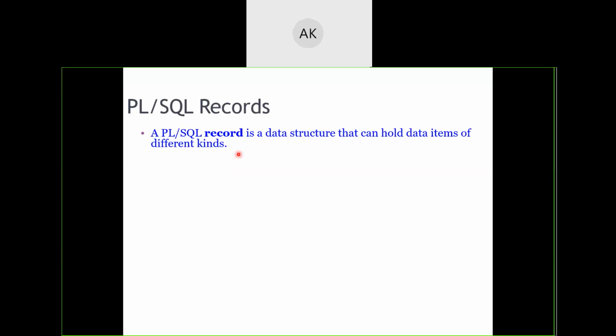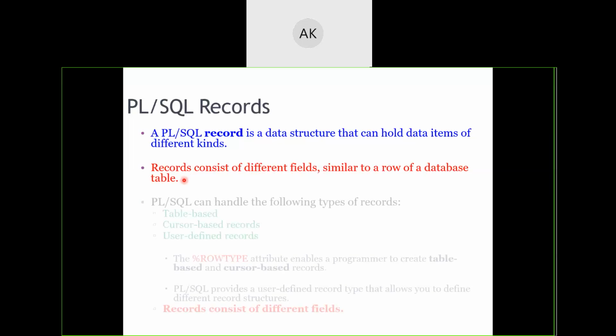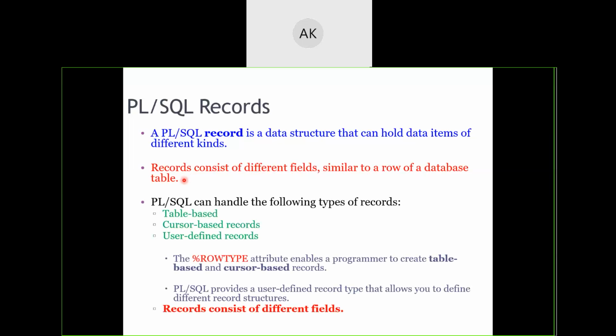A PL/SQL record is a data structure that can hold data items of different kinds. Just like a structure was used for holding data items of different kinds, we have a record here. Records consist of different fields, similar to a row of a database table.